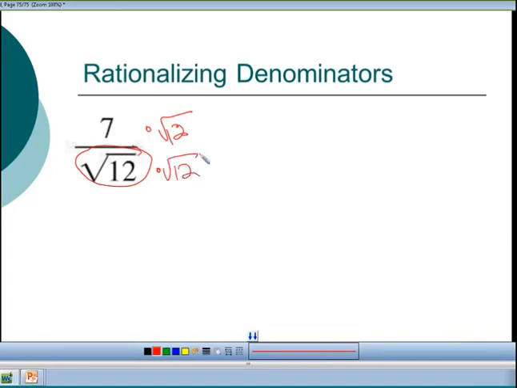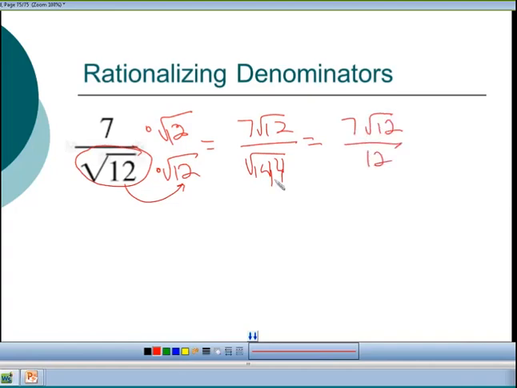And what happens is I can rewrite this to be 7 square root of 12 over the square root of 144. Because my 12 times my 12 gives me 144. And that allows me to have 7 square root of 12 over 12. Because the square root of 144 is a nice actual square root, it turns into 12.